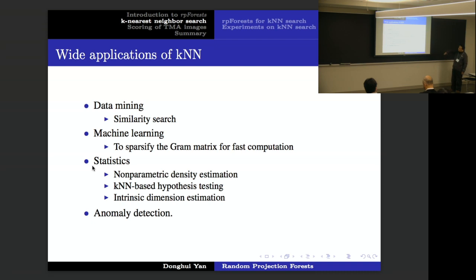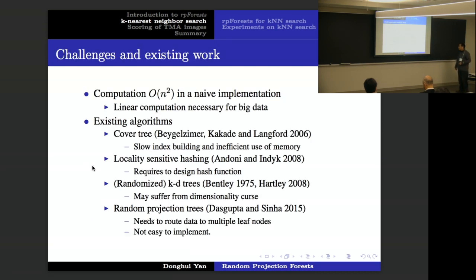So many different applications. The problem with k-nearest neighbor search is that a naive implementation has n squared computational complexity, which is not feasible if the number of data points is huge. A number of algorithms have been proposed, for example cover trees and locality sensitive hashing, which is a very important work.